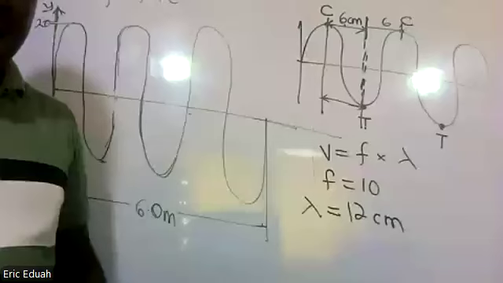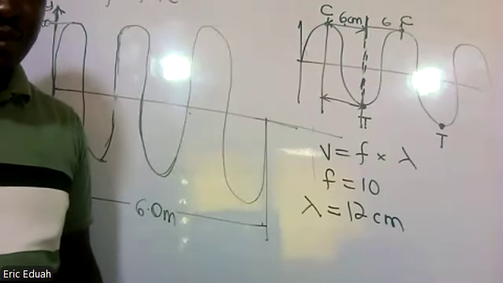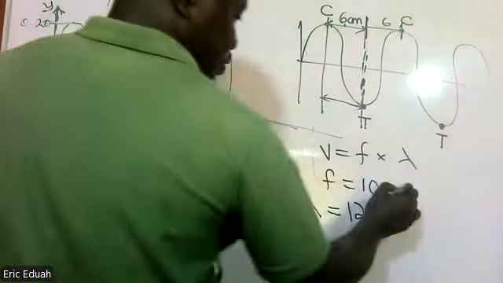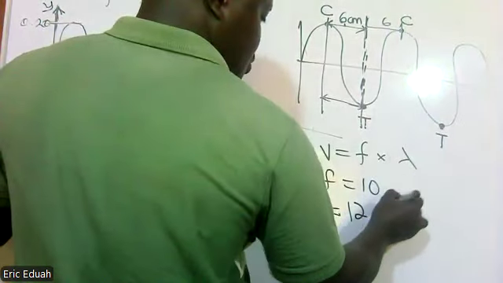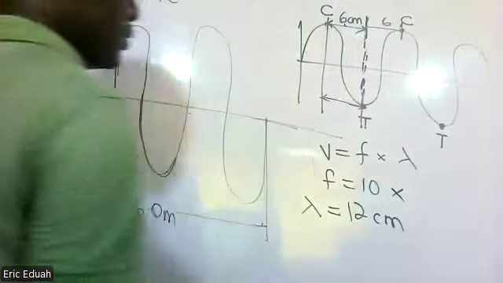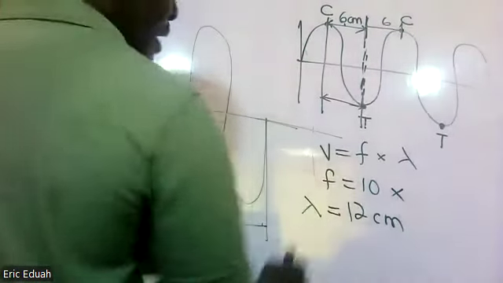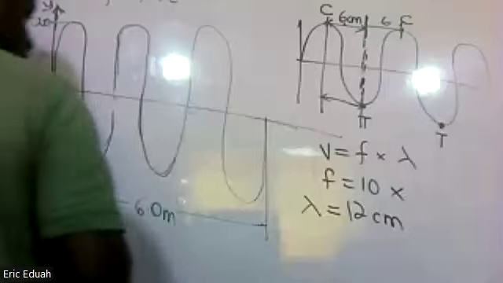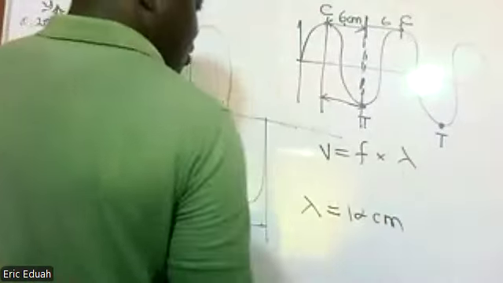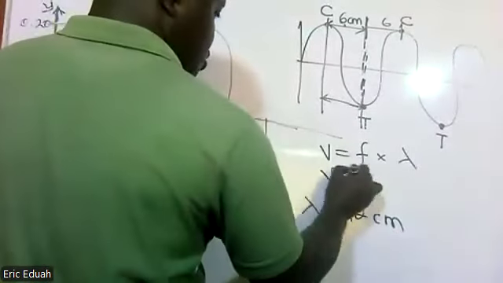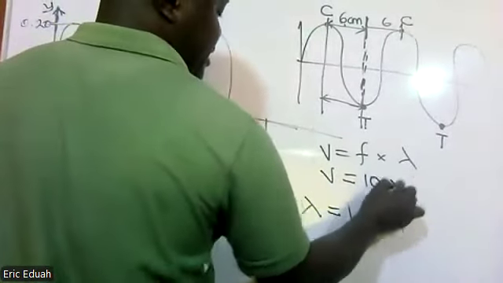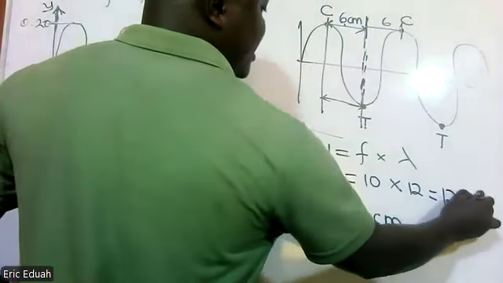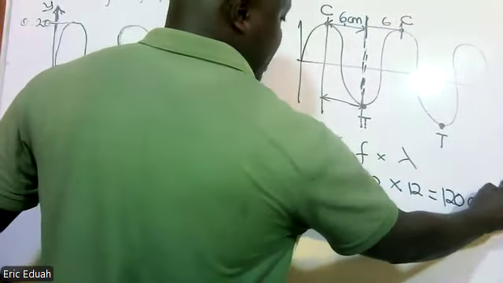What we were given is actually half. So if the wavelength is 12, then speed will be equal to the frequency, 10, times the wavelength, 12, giving us 120 centimeters per second.